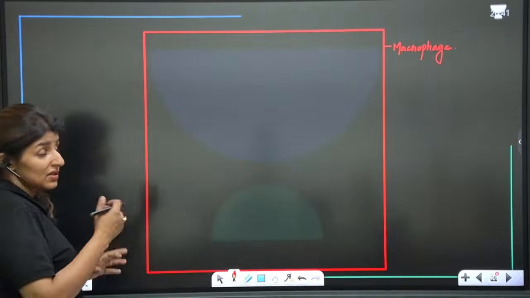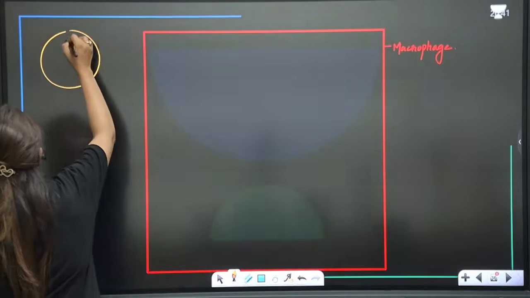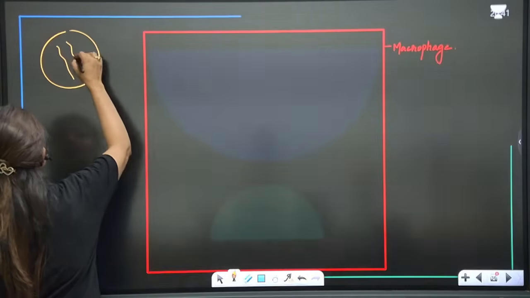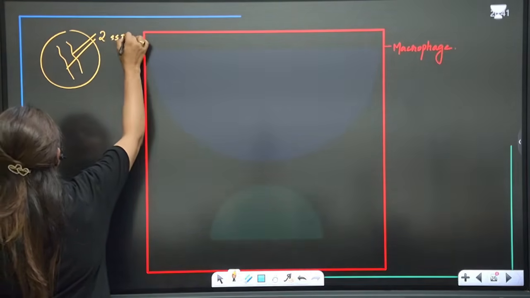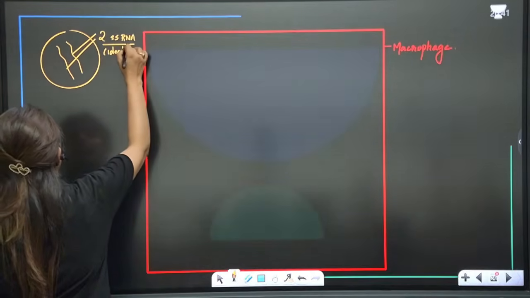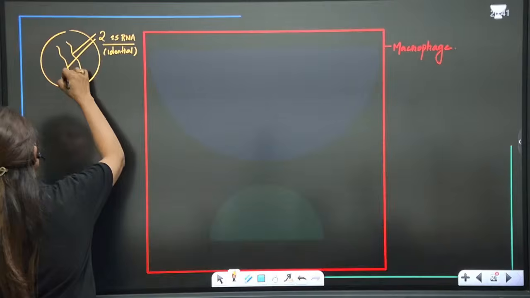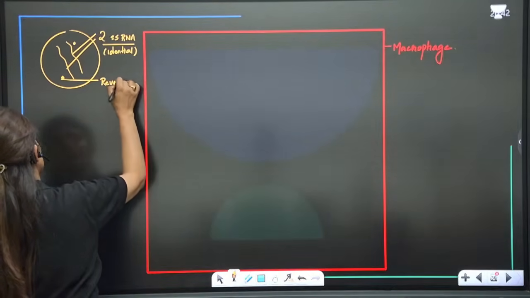But HIV is different. So first let's discuss HIV. HIV has two single-stranded RNA molecules, identical, and therefore they will not become double-stranded. They also have two molecules of reverse transcriptase enzyme.